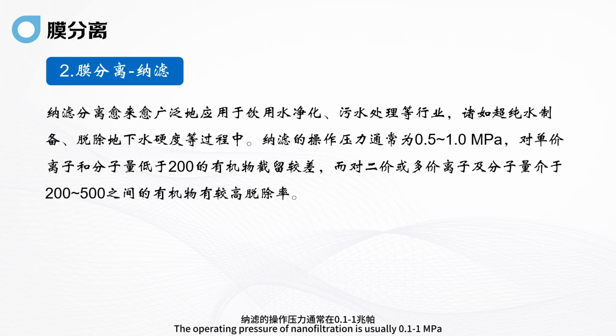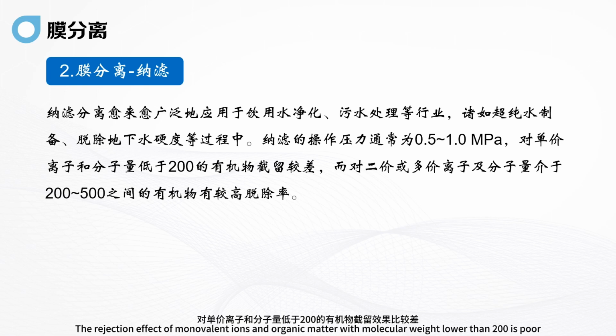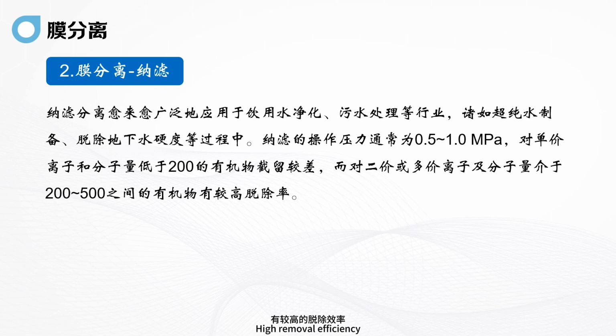The operating pressure of nanofiltration is usually 0.1 to 1 megapascal. The rejection effect for monovalent ions and organic matter with molecular weight lower than 200 is poor. For divalent or multivalent ions and organic compounds with molecular weights between 200 and 500, the removal efficiency is high.